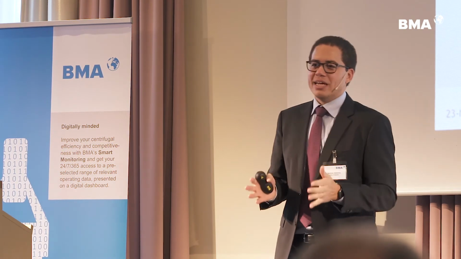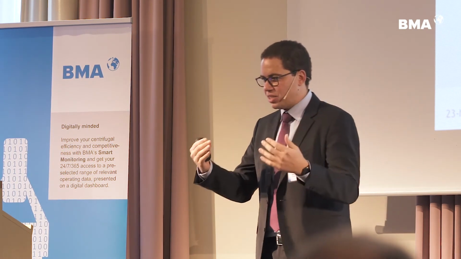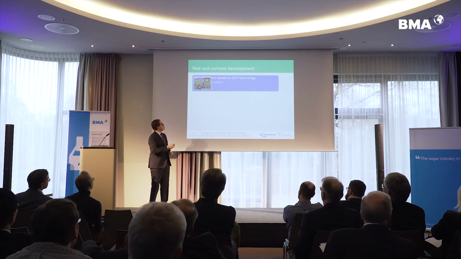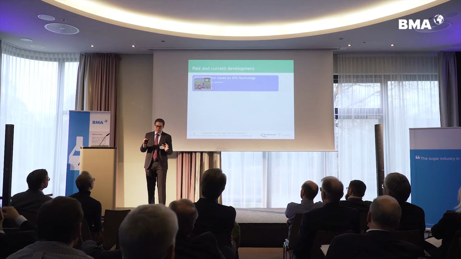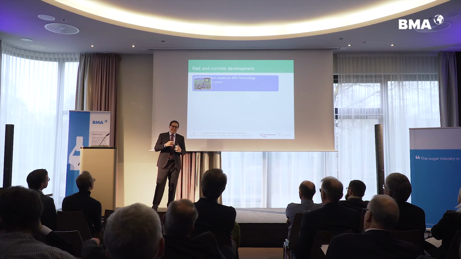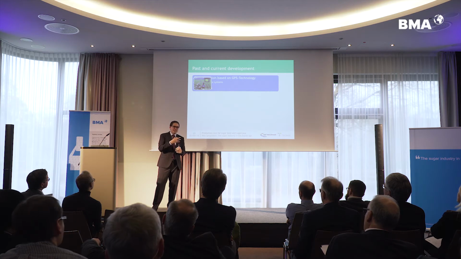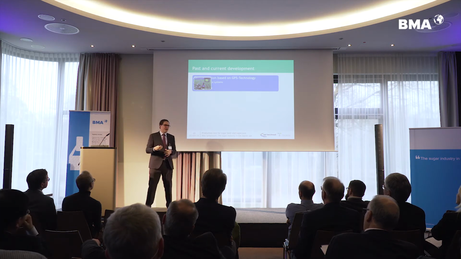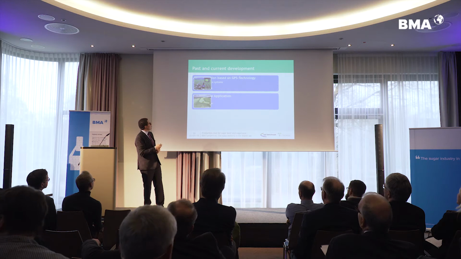If you don't have to do that anymore, it means less stress and more efficiency in your machine. So this type of technology has been adopted, and when we talk about digitalization, I would say this one is more status quo.